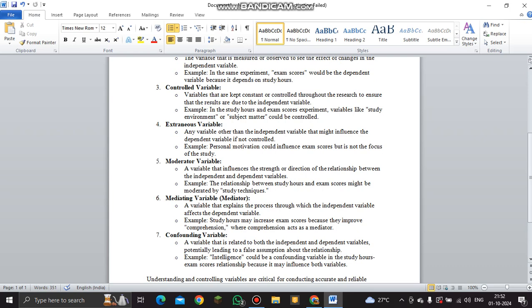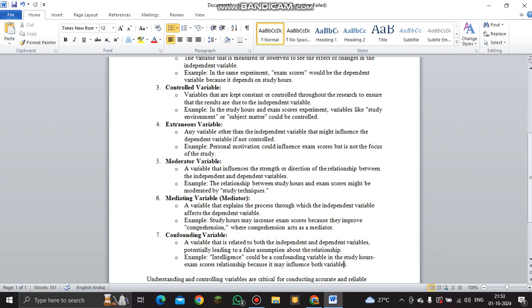So confounding variables are those variables that are related to both the dependent and independent variables, potentially leading to false assumptions about the relationship. For example, intelligence could be a confounding variable in the study hours and exam score relationship because it may influence both variables. Intelligence also influences the study hours and exam scores.